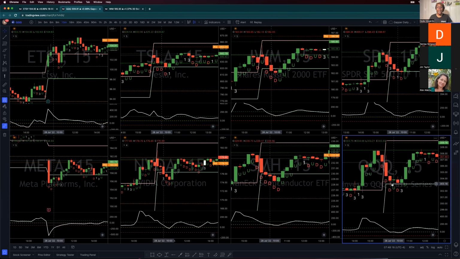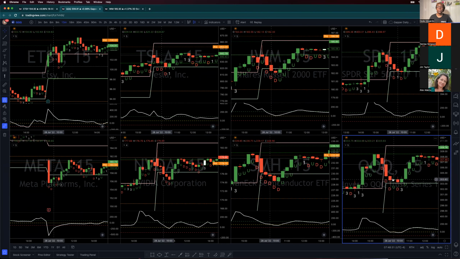So remember, every time frame has a range and an actionable signal. So on the 15-minute, this becomes a 2 down, 2 down. So if you're using a 15-minute as your actionable signal, there's no signal here. 3, 2, no signal here. Aha.